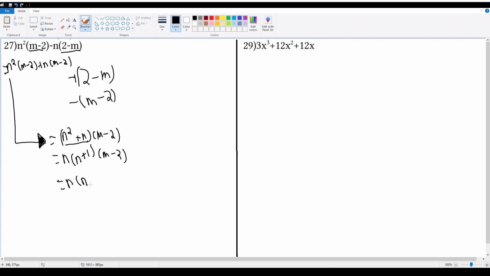The best way to do it is to go back to what we just did, and see if we got the same answer, because that usually works. So n plus 1, that's n squared plus n, times m minus 2.